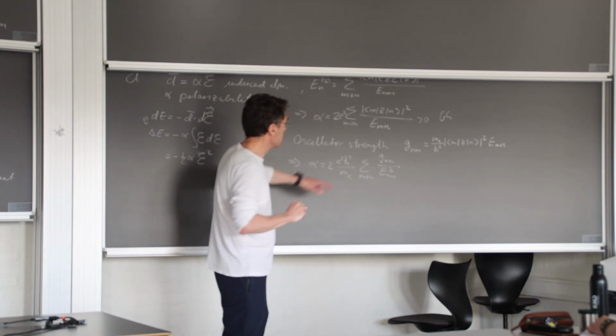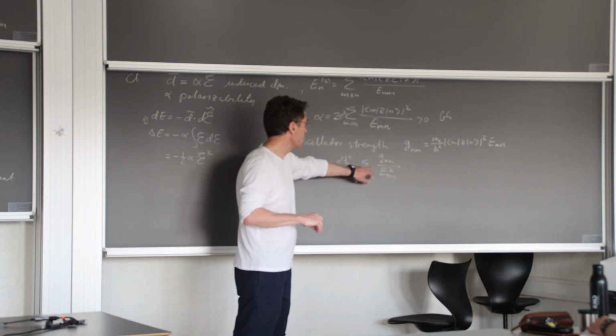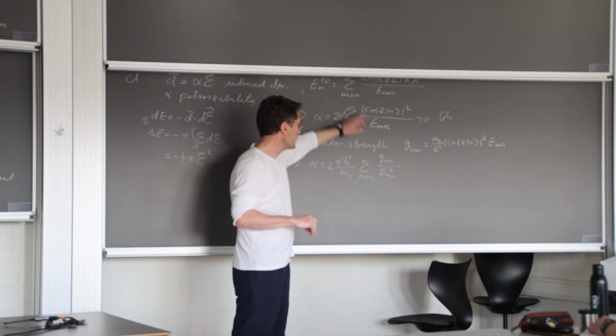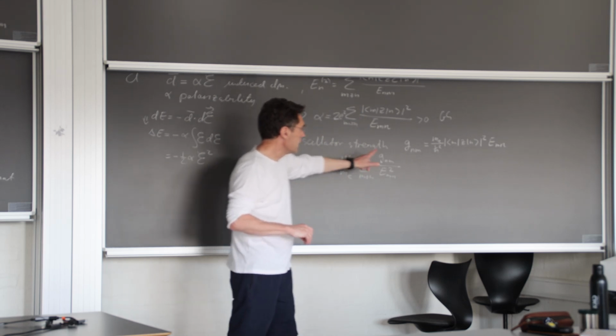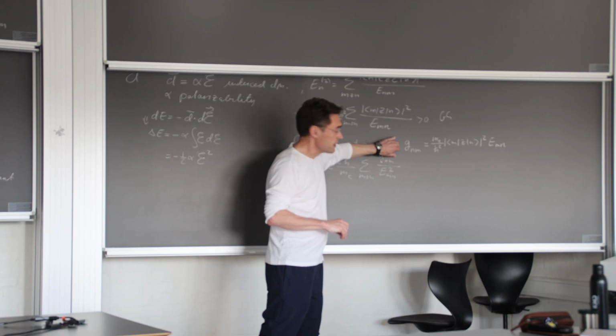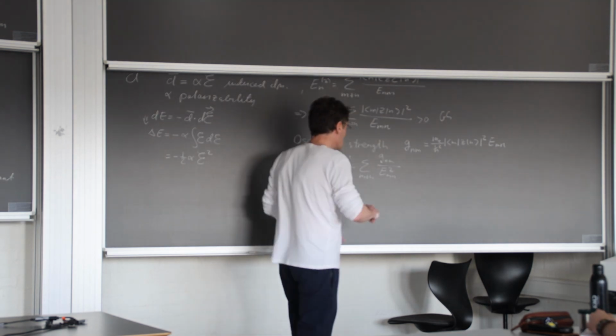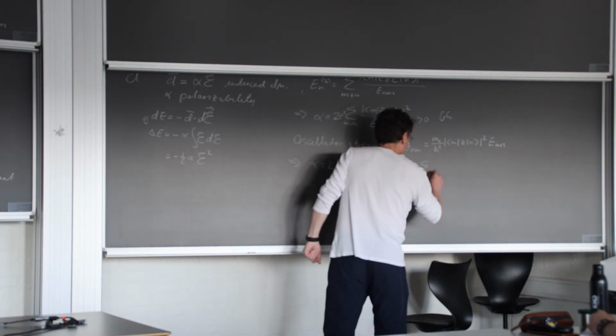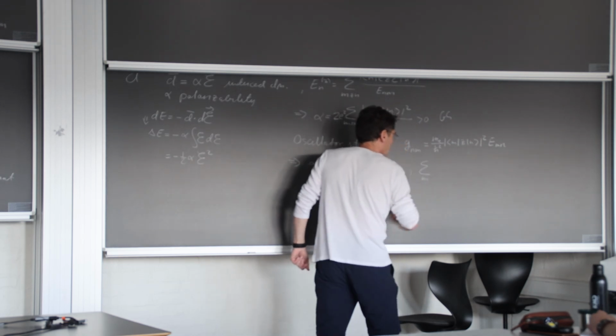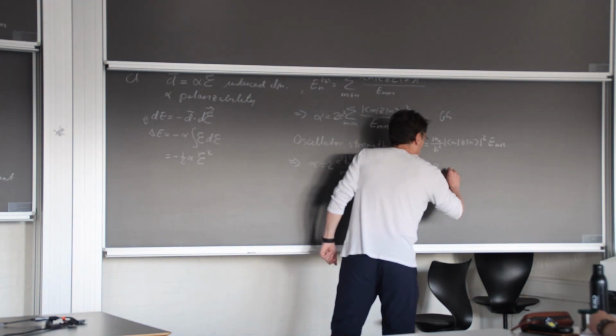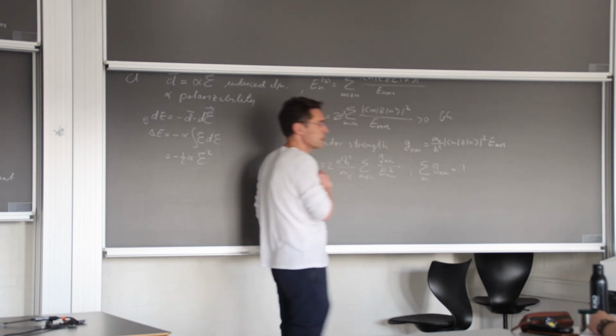So that is just a funny way apparently of rewriting this. But the important thing is that, again, these are dimensionless numbers. And what we'll show after the break is that when you sum them over all m, then this is actually unity, it's 1.